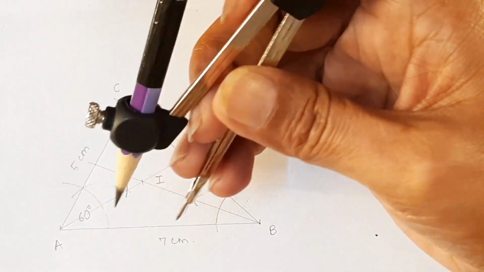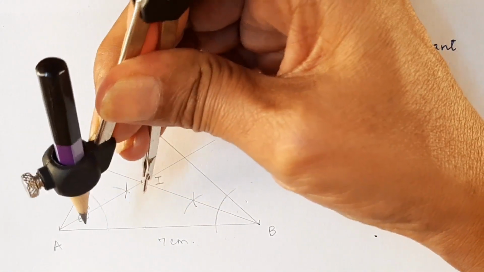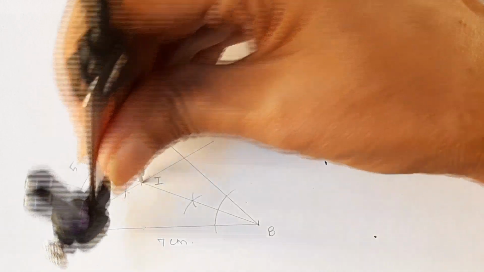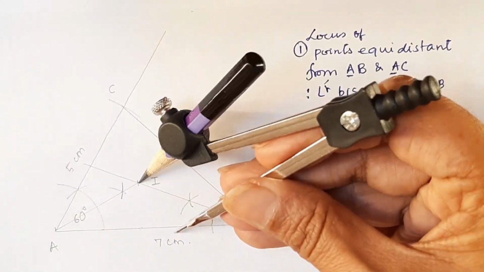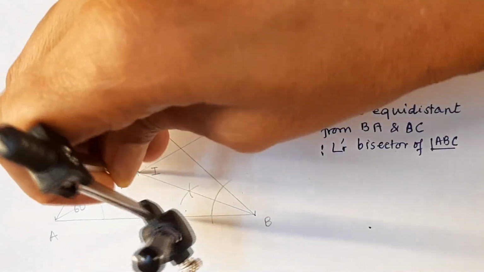So we will take the radius a little more than this much distance, and we shall draw one arc here and one arc here.